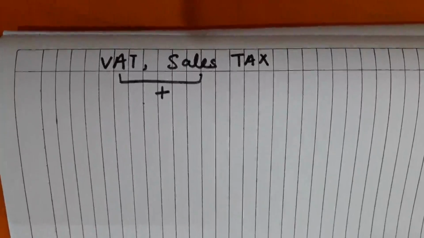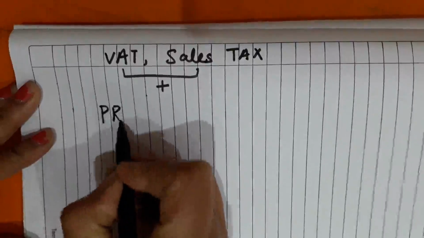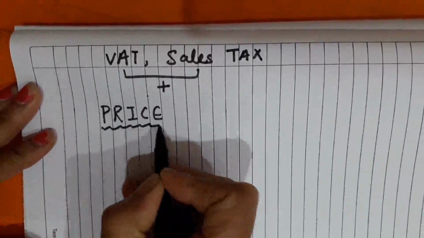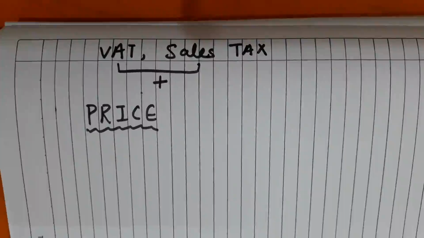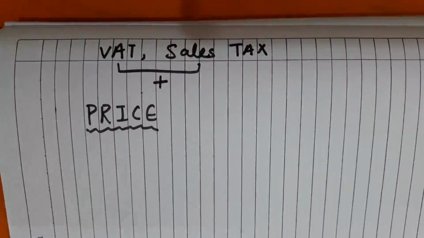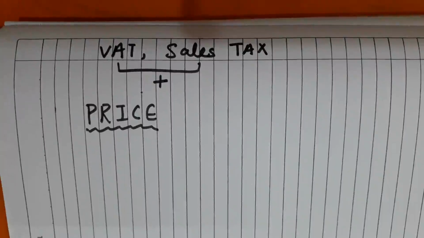Okay, now let's talk about another term, that is price. Now what is price actually? See, price means the amount you have to pay for anything which you buy. If you are going to the market and you want to buy something, you have to pay an amount to buy that thing.